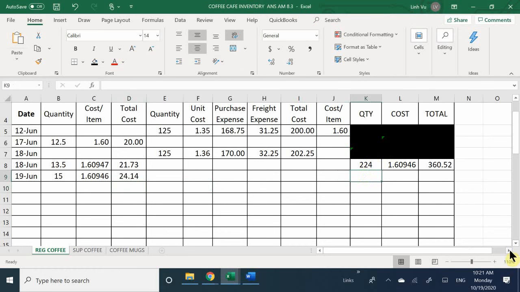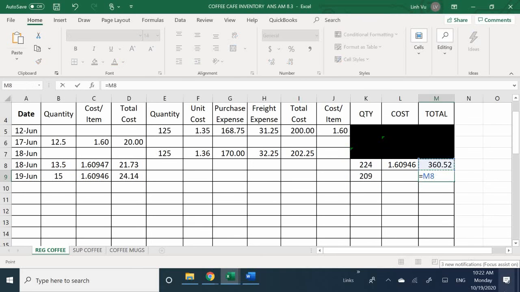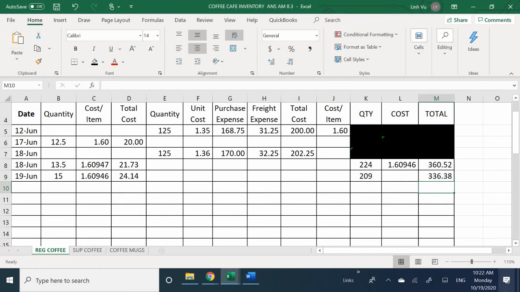Okay. So how do I solve for this? 209. You said 209. 249 is 15. Good. And what is my total here? 336.38.